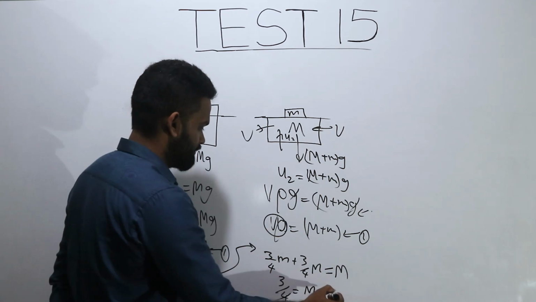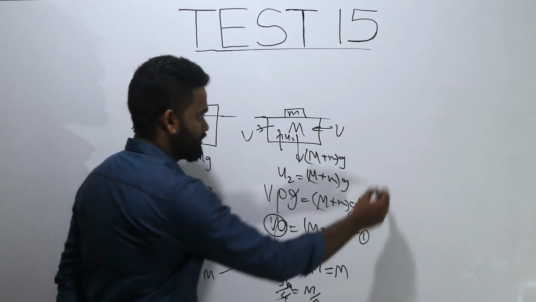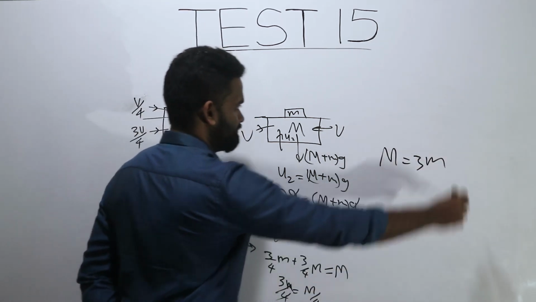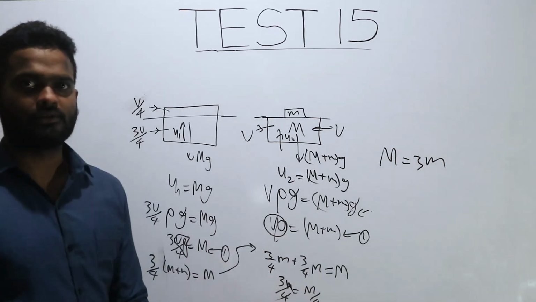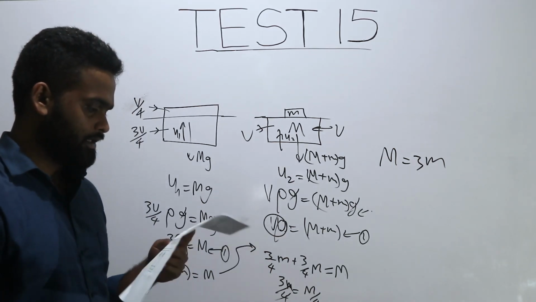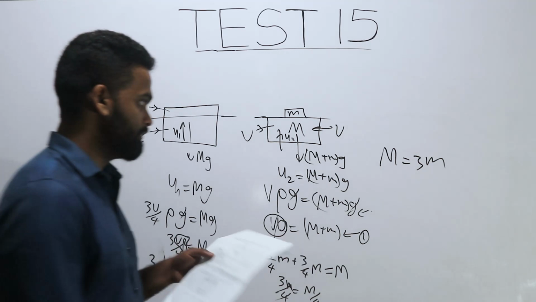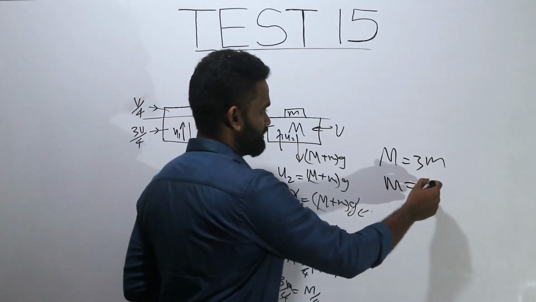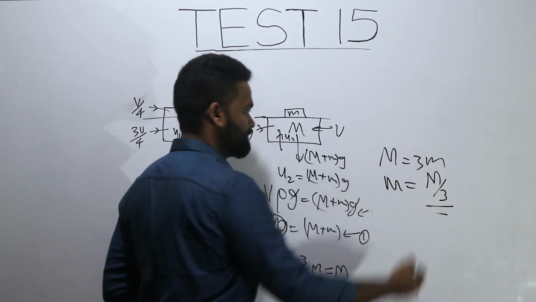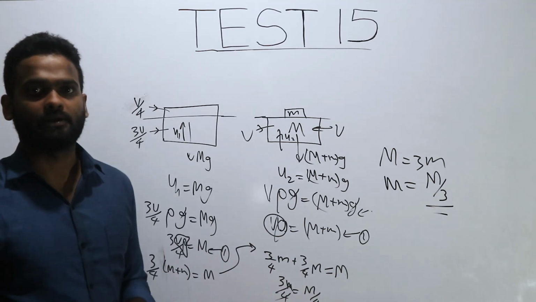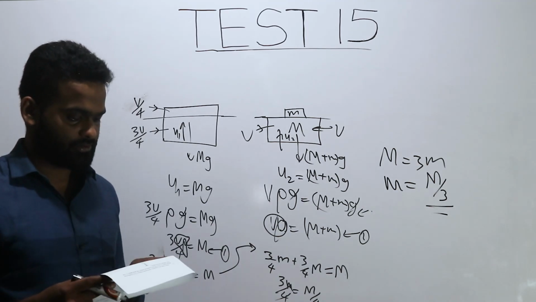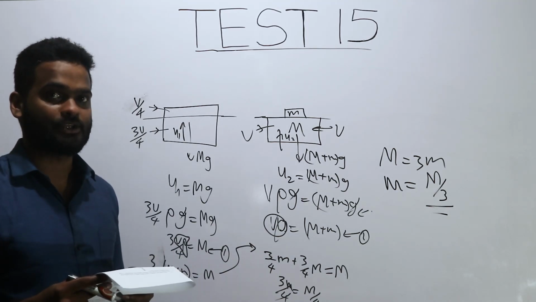The 4 cancels off, so capital M equals 3m. Then making small m the subject, it should be capital M/3. So the answer should be the first one for the 13th question.